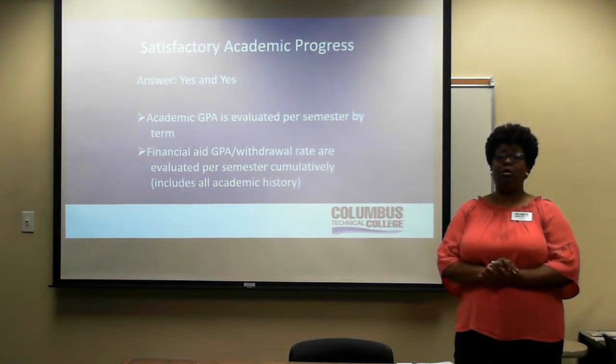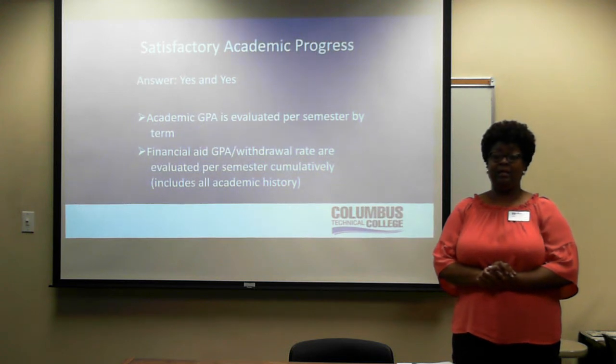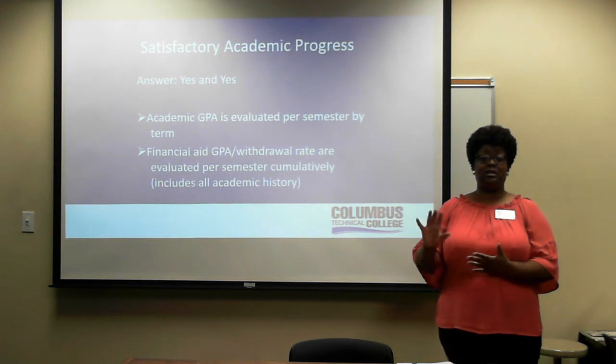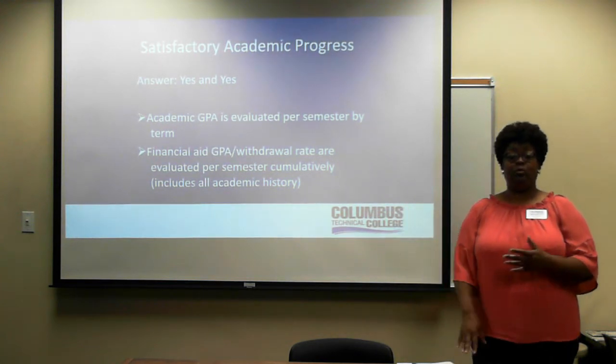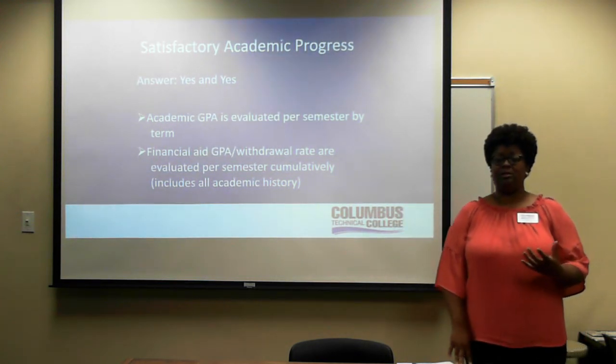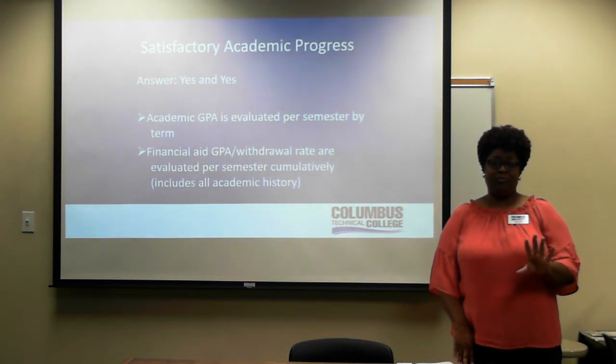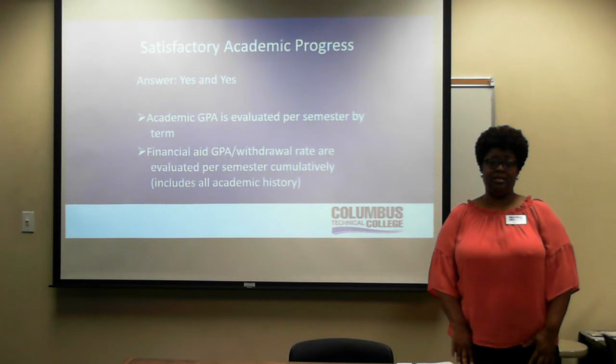We're looking at all of your grades and getting the average for all of those grades. And once we get the average, we're looking for a 2.0 to be your average. So just keep that in mind. Financial aid looks at everything cumulatively, whereas academics typically looks at things one semester at a time. You do well in that one semester for academics, you get to move on to the next semester.